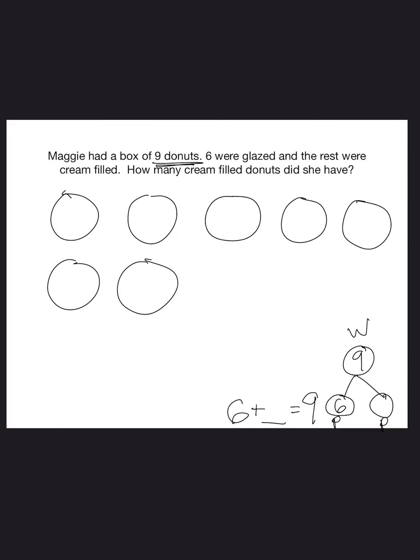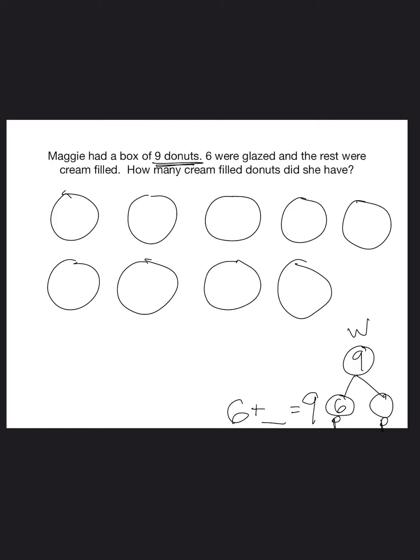6, 7, 8, 9. I can see that this is 9 because I know 5 and 5 make 10, but I have 1 missing over here on the bottom right, and 1 less than 10 is 9.